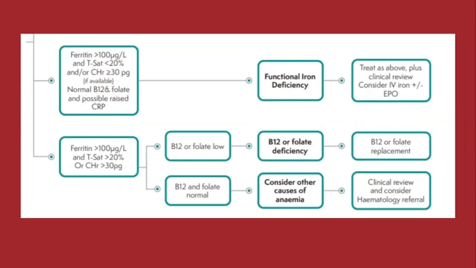Okay, another option: if you have a patient with a high ferritin, a transferrin saturation lower than 20, a reticulocyte hemoglobin concentration higher than 30, normal B12 and folate, and possibly raised CRP, which is C-reactive protein, you have another case where you suspect a functional iron deficiency.